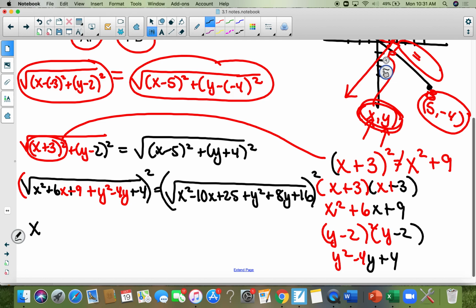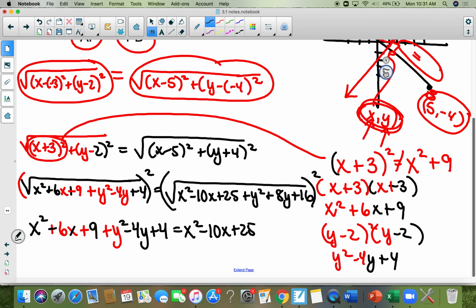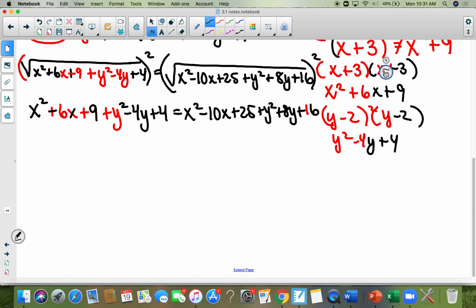So you're left with x squared plus 6x plus 9 plus y squared minus 4y plus 4 equals x squared minus 10x plus 25 plus y squared plus 8y plus 16. So all I did was square everything.